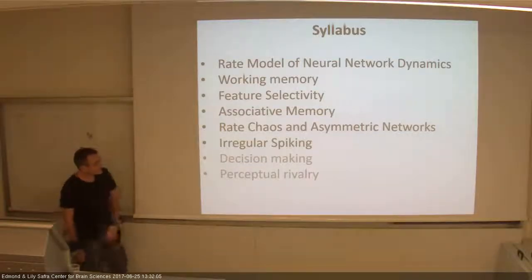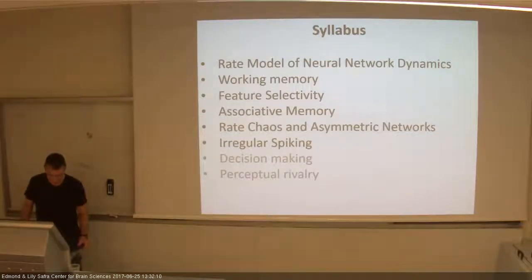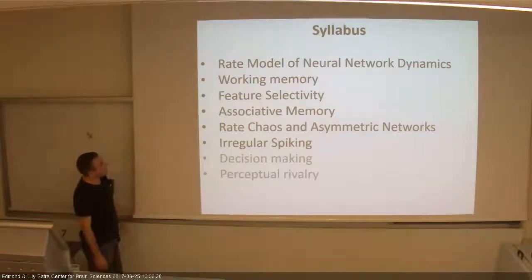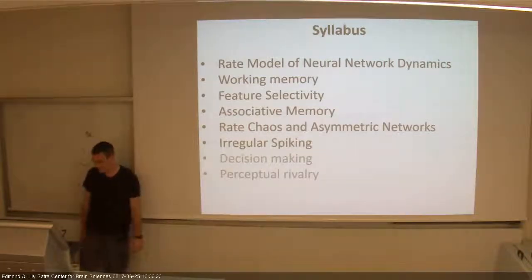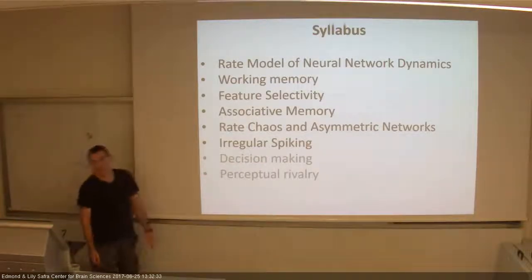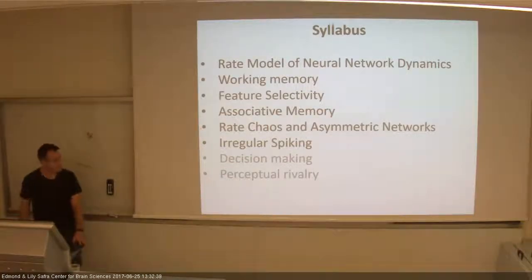We did not talk about decision making and perceptual rivalry, which is perhaps somewhat sad, but we spent more time this year on balanced networks, and we spent more time on associative memory. So no time was left for other topics, but perhaps it's not such a bad thing, because there are so many things on the list that we also did not do. So the fact that we did not do these two is not a reason to be sad.